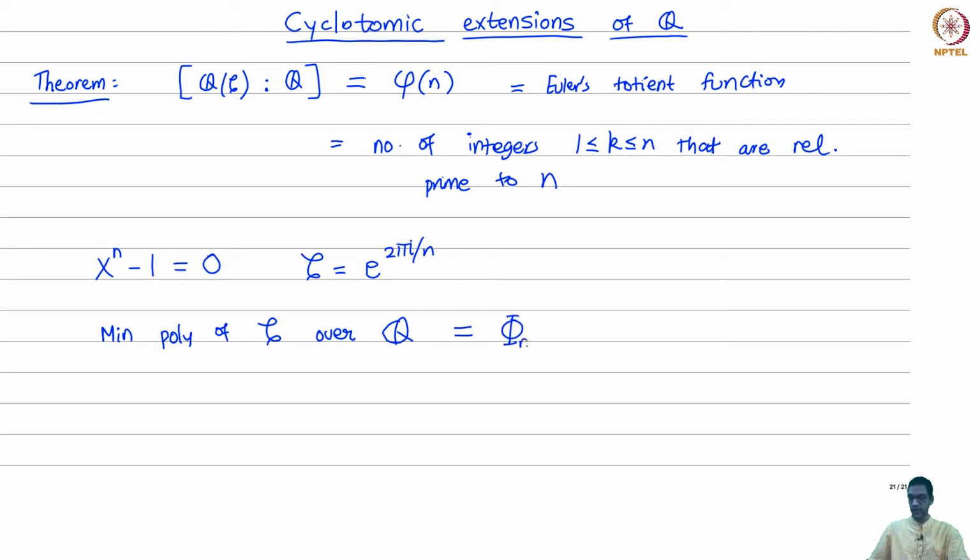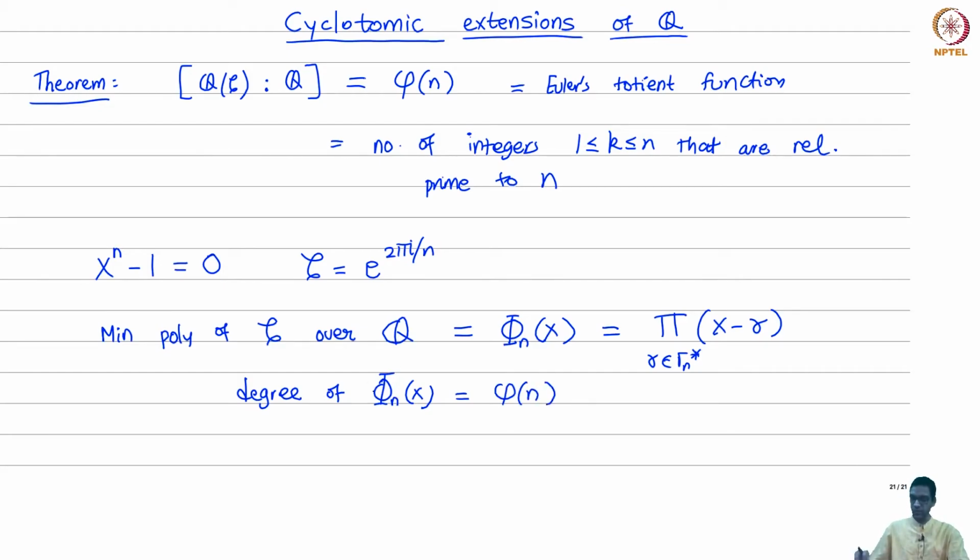Recall that the nth cyclotomic polynomial is the product over all primitive nth roots of unity gamma of (x minus gamma), and the degree of phi_n(x) is just the number of integers between 1 and n which are relatively prime to n.